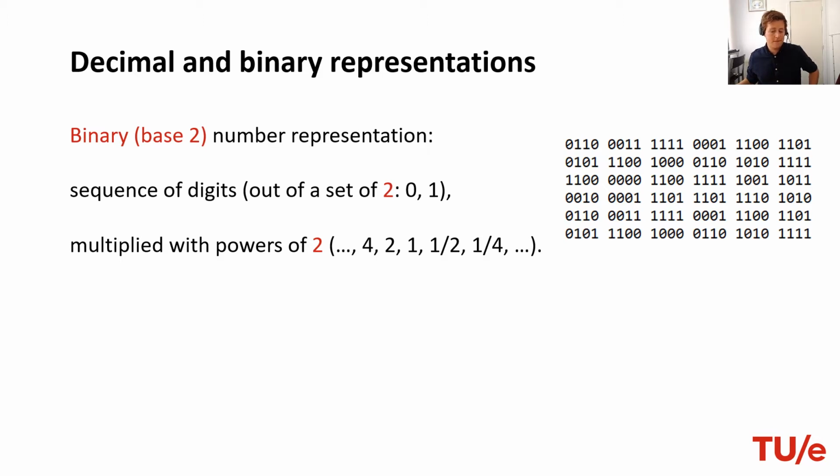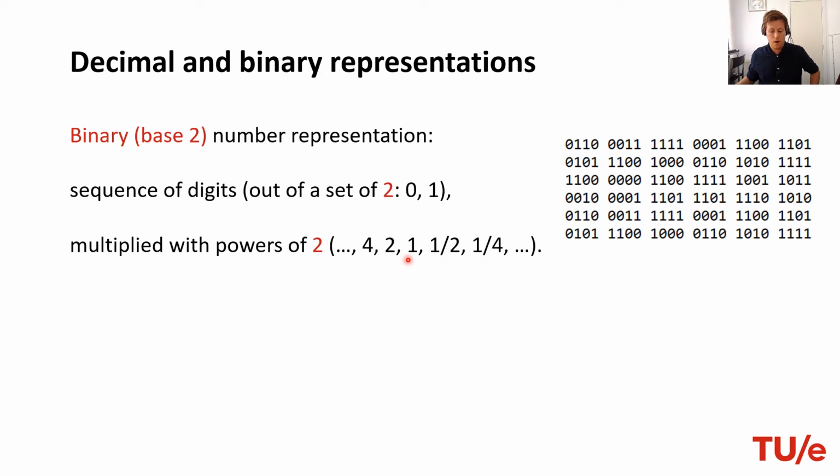Now, the big difference here is that instead of digits out of a set of 10, we here have digits that will be selected out of a set of 2 possible digits, so that's either 0 or 1. And each of these digits, based on their position with respect to the point, is multiplied with powers of 2.